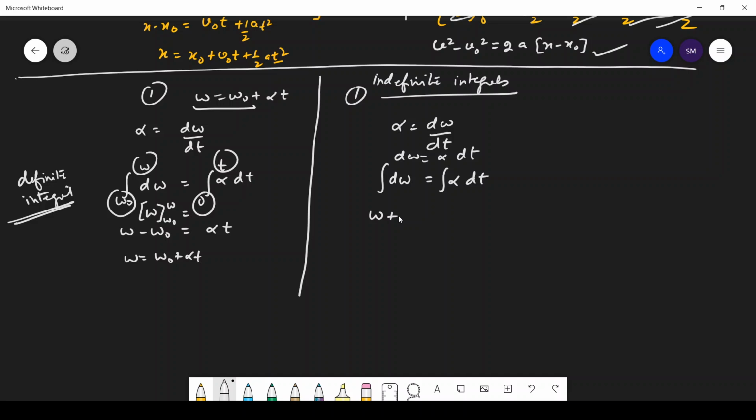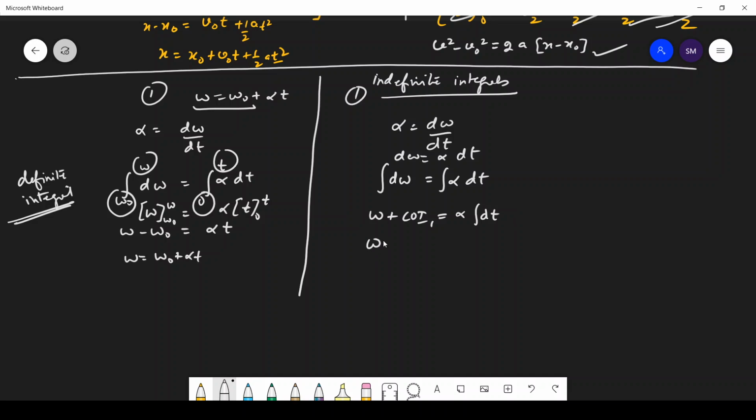But here we are not writing the limits, so we need to write a constant of integration. That's the difference. So we can write constant of integration 1. On this side also we will have a constant of integration, and alpha was constant, so the integration of dt was t from 0 to t. Here also alpha is constant, so integration of dt.